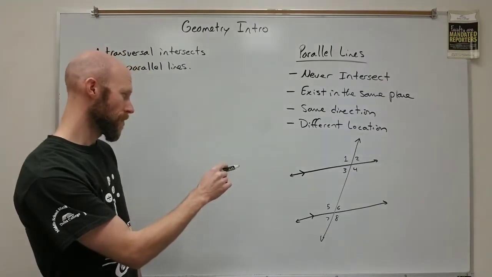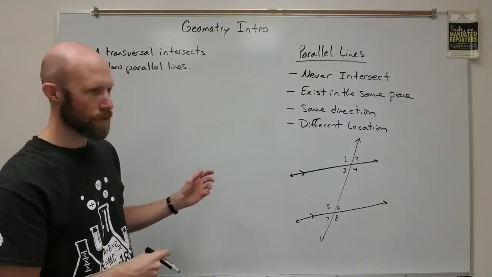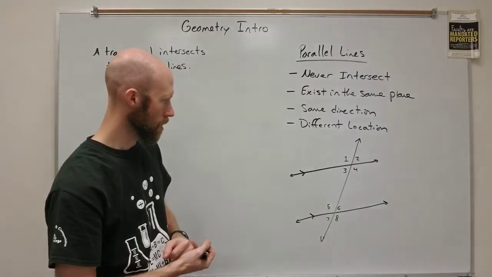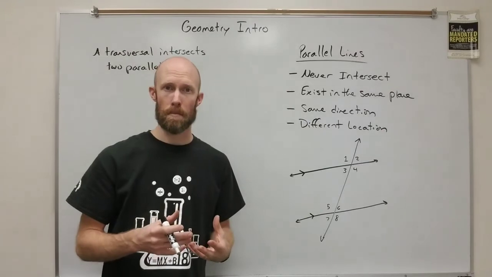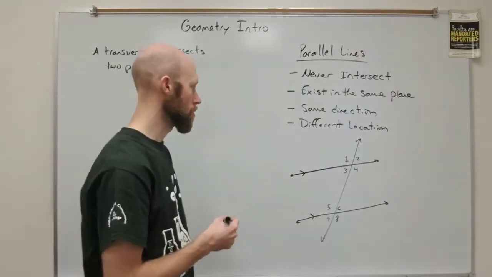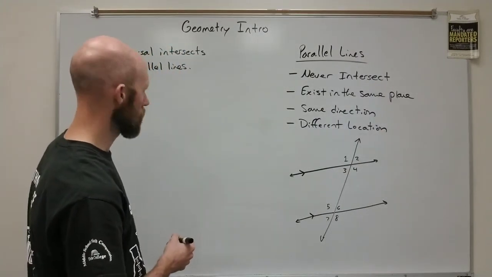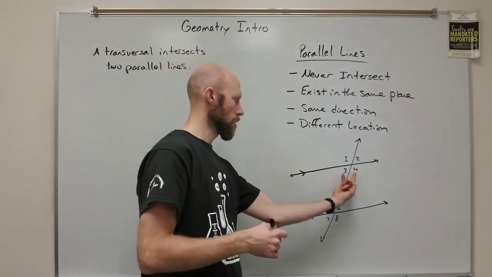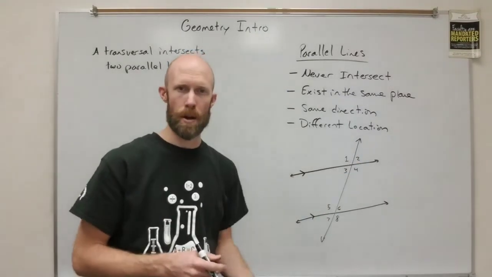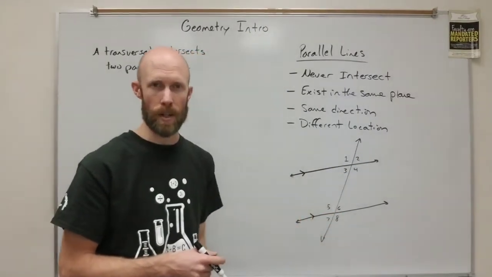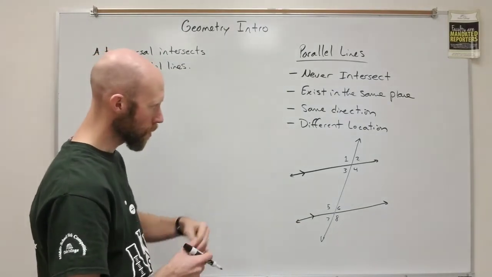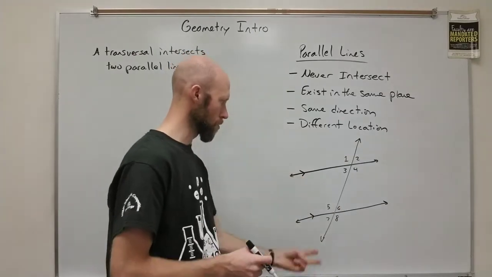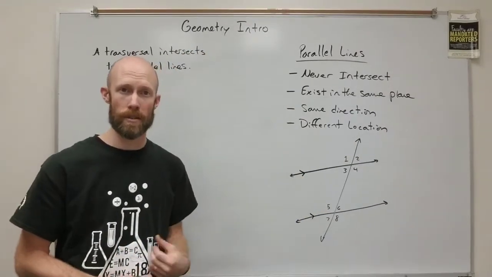Based upon what we've already been seeing with supplementary angles and with vertical angles, we can get interesting pairs. Angles 1 and 2 are supplementary, 1 and 3 are supplementary, 3 and 4, 2 and 4, all those pairs are supplementary, and the same goes down here. We also know that 1 and 4 are congruent, 2 and 3 are congruent, 6 and 7 are congruent, 5 and 8 are congruent because they're vertical angles.